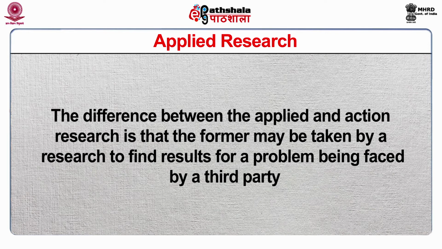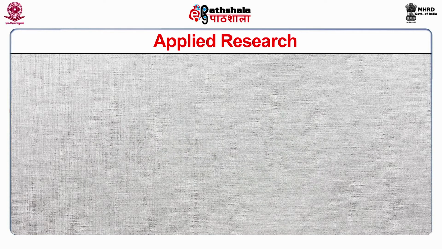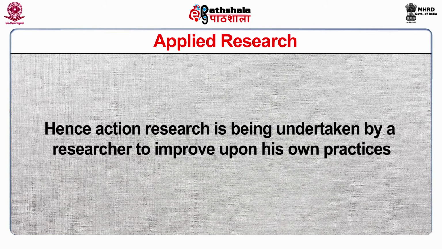The difference between the applied and action research is that the former may be taken by a researcher to find the results for a problem being faced by a third party. However, action research has a condition attached that the researcher is also the practitioner or one of the party. Hence, action research is being undertaken by a researcher to improve upon his own practices.